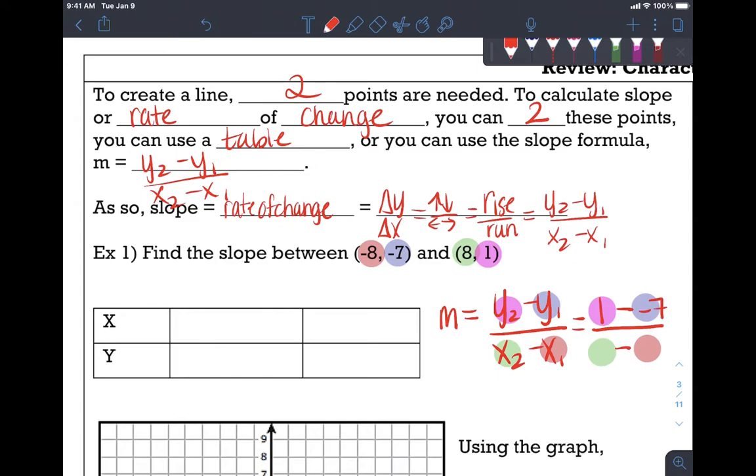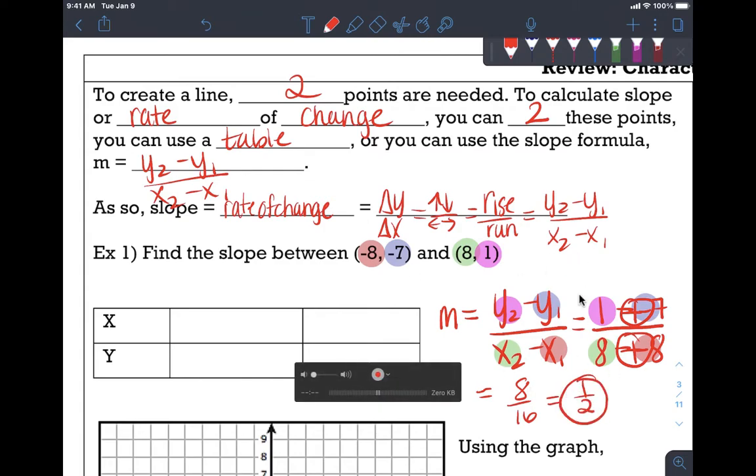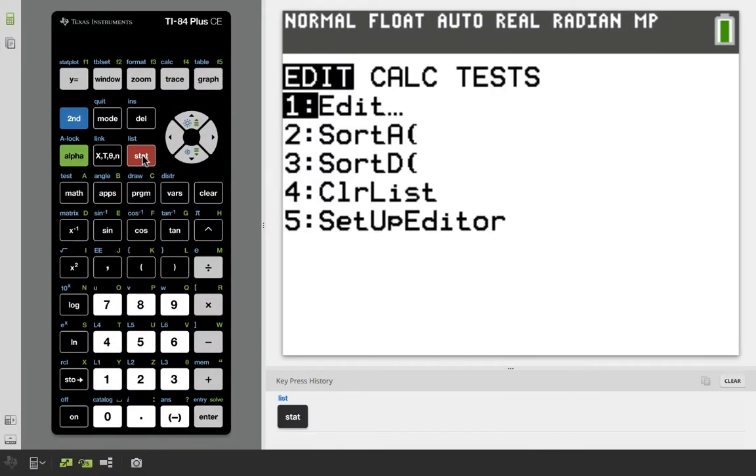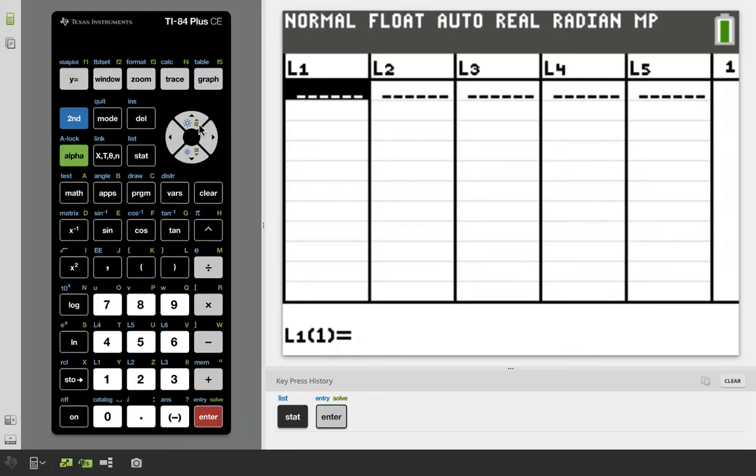Noticing that I have a -7, so it's going to be a double negative. 2 negatives make a positive, 2 negatives make a positive, 8 over 16, 1 over 2. Now, I can also utilize my calculator to do this. So, same exact function as running a linear regression. I'm going to go to Stat Edit. I'm going to type in my x values.